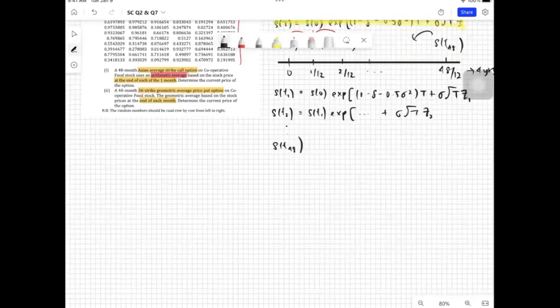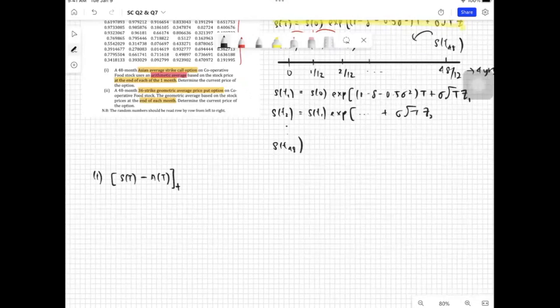we will address what is the arithmetic average as mentioned in the question. So for question 1, an Asian average strike call option basically means that our payoff will be ST minus AT, which is the average strike of the stock.